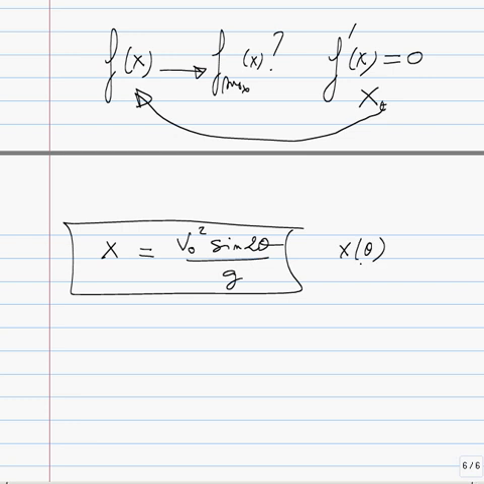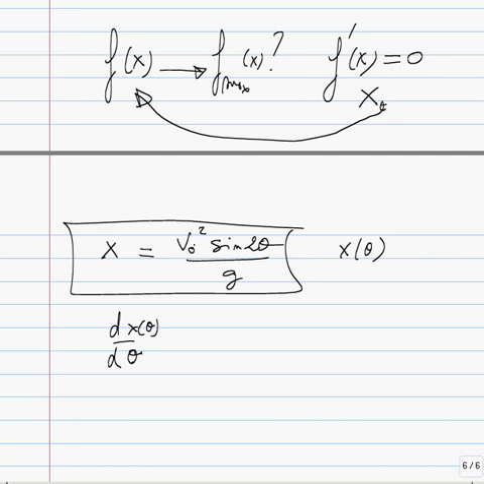x is a function of theta, so I'm going to take the first derivative of this function with respect to theta. And remember, x is a function of theta. Therefore, everything else will be treated as a constant.